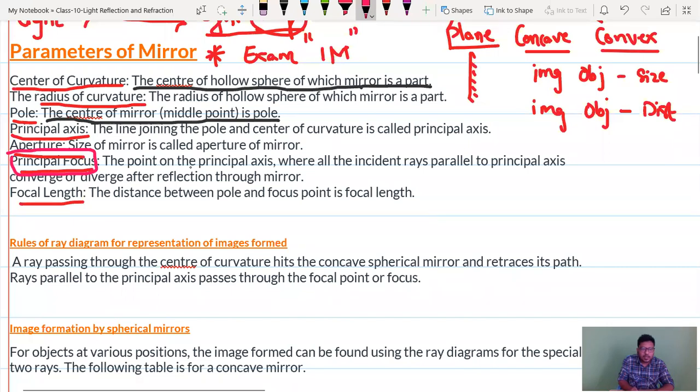The point on the principal axis, we'll draw what is principal axis, where all the incident rays parallel to principal axis will converge or diverge after reflection. So after reflection, total light rays will converge, isn't it? All will converge and it will meet at one point. That point is known as focus.